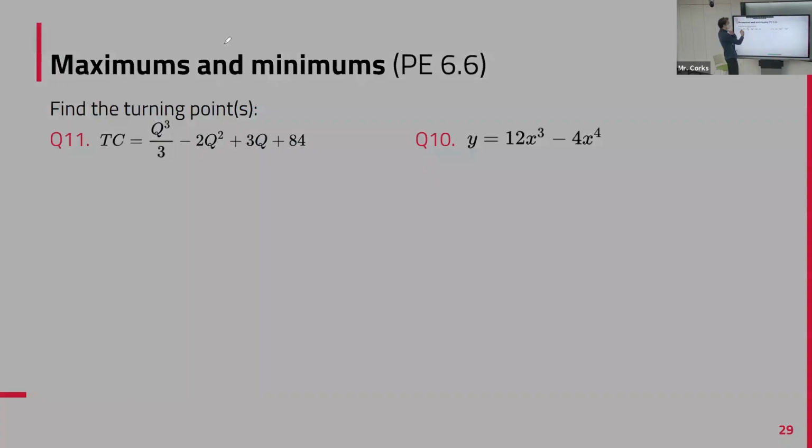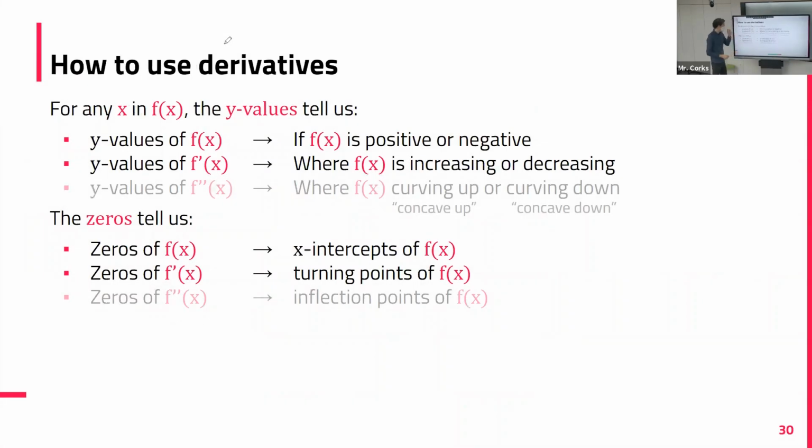Now we have more, but those are for next class. Don't worry. So this is just a summary of how we're using derivatives. I've been talking about this all class, so I won't repeat it. But if you want to come back and look at this later, it's here in the recording.